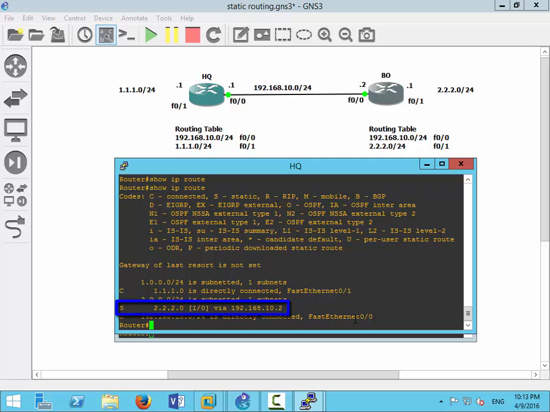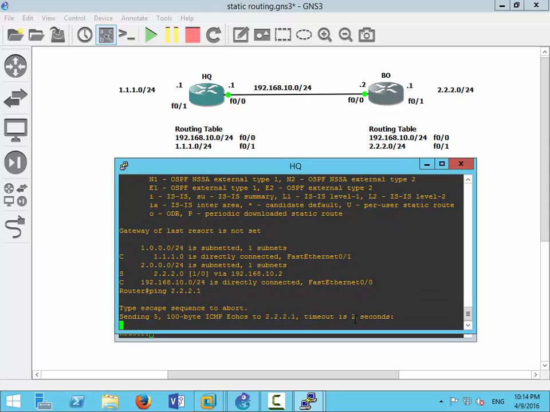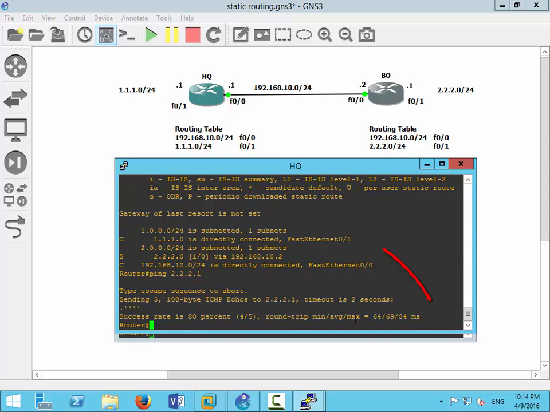Whenever HQ router has traffic for network 2.2.2.0, it will send it to the IP address 192.168.10.2, which is the BO router. Let's see if our ping is now working. Ping 2.2.2.2. Yes, it's working, because now the HQ router knows how to reach network 2.2.2.0 through our static route.